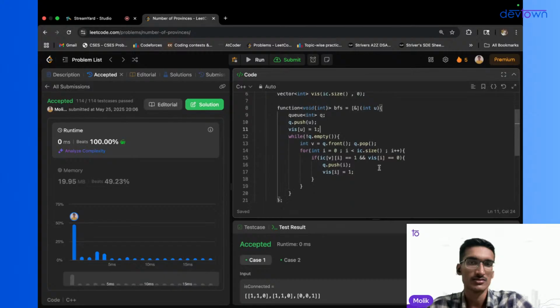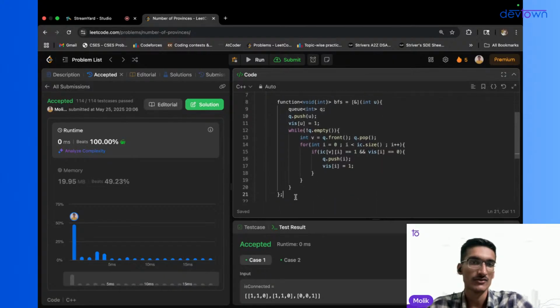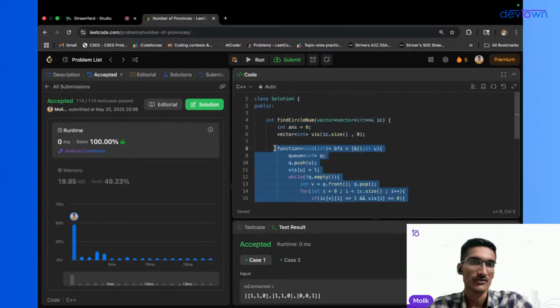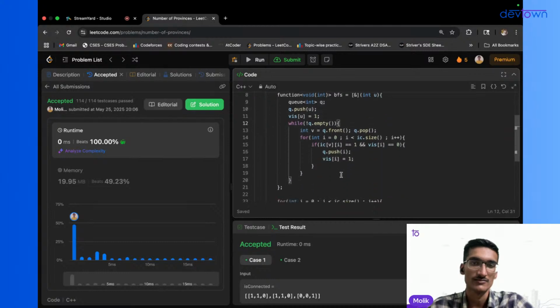You simply call BFS as many times as the number of connected components there are. I am using BFS, but you can use DFS as well. You just need to traverse the cities.